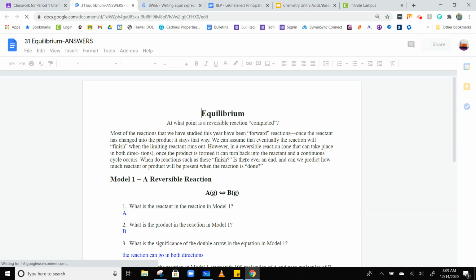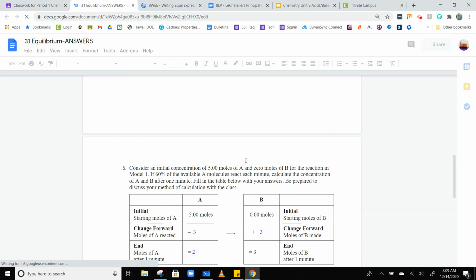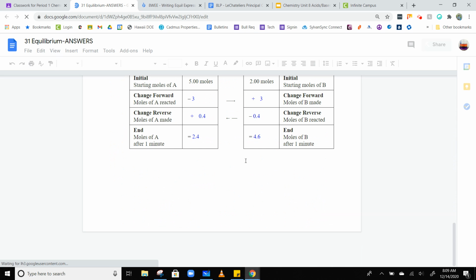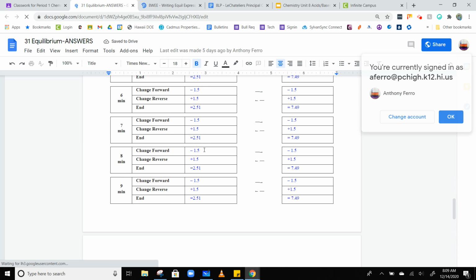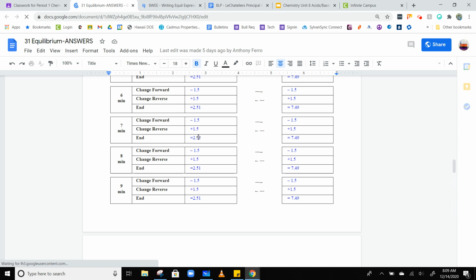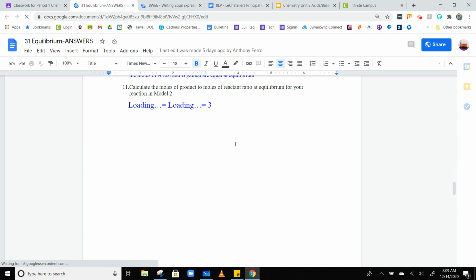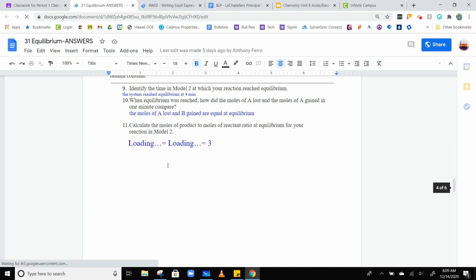So if you remember this, we go down to the bottom here. You remember that when we had a reaction at equilibrium, eventually the change in the forward and the change in backwards are equal, and then we have a ratio of products over reactants. That is known as our equilibrium constant, and it's a constant ratio.